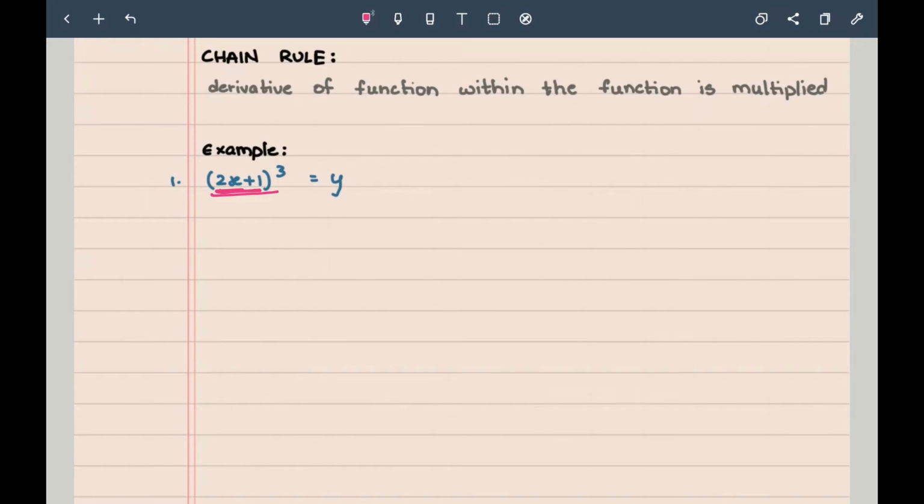So when we are finding the derivative of this term, first we find the derivative of 2x plus 1 whole cube. That is, we take 2x plus 1 as a single term and then we multiply that into the derivative of the inner term, that is 2x plus 1.